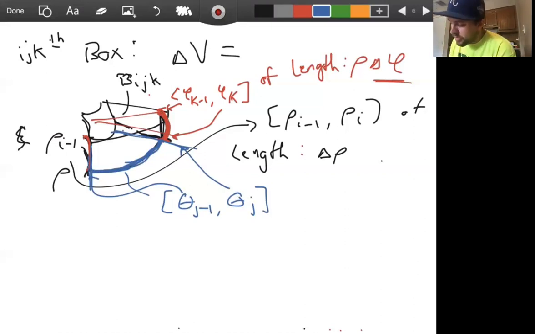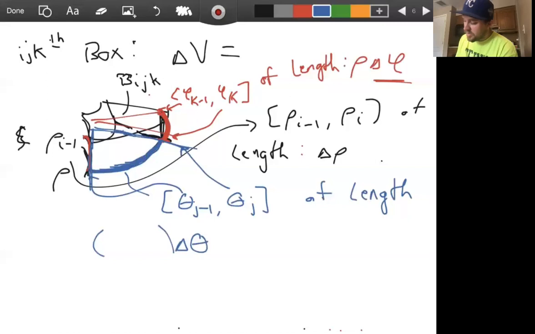And because it's also curved, well, what is this curve here, of length? Well, the change in angle here is delta theta. So we'll have a delta theta, and then it's times whatever the radius is here.